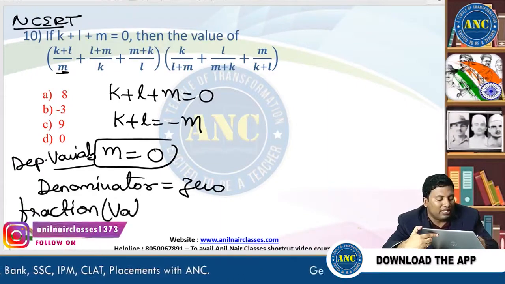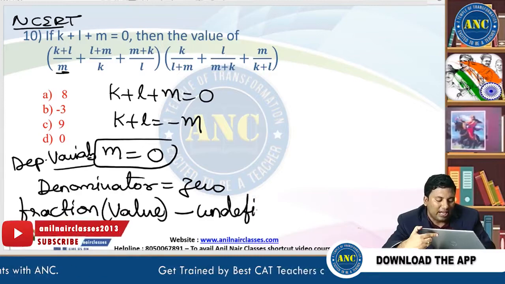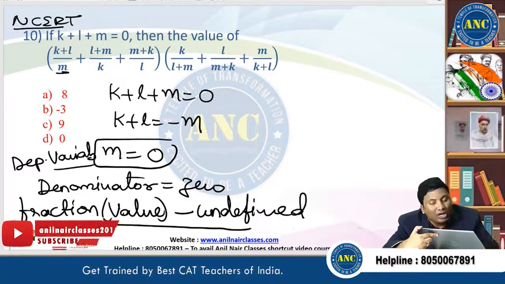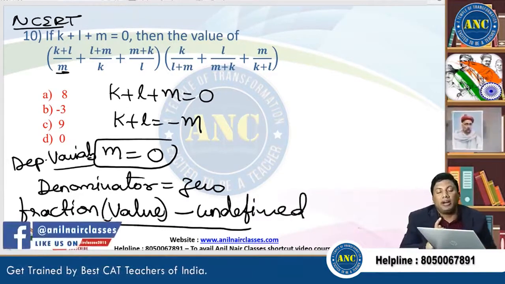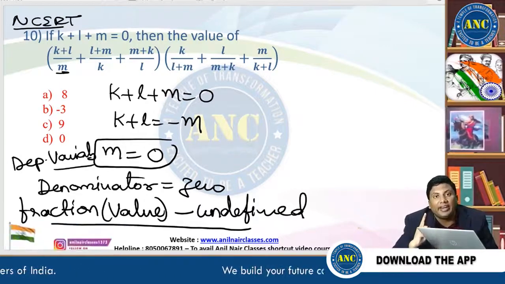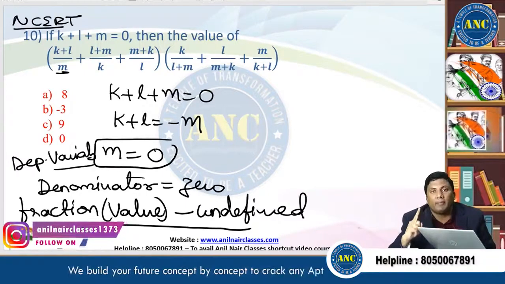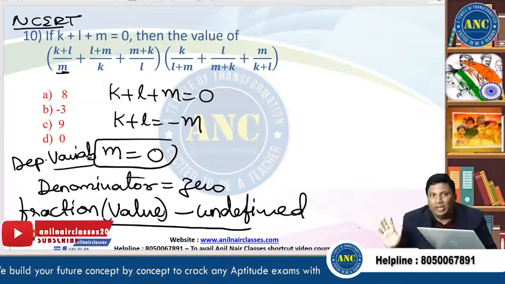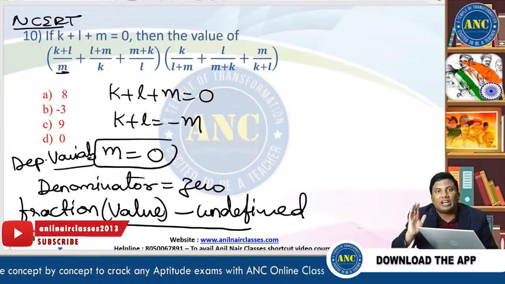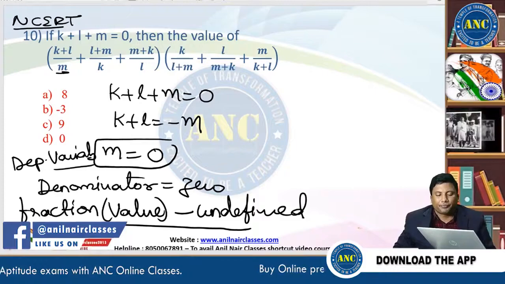That is a beautiful question which tells us when we should not use this method. Tell me, when should we not use this method? Making the dependent variable 0 cannot be used whenever the dependent variable is in the denominator.